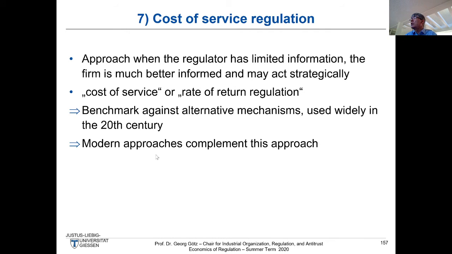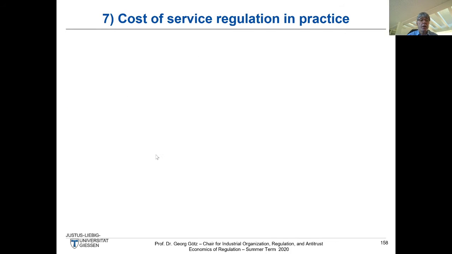For instance, in the German water industry, many municipal water companies, which are owned by the municipalities, are still subject to some kind of cost of service regulation. It also partially holds for airports and so on.